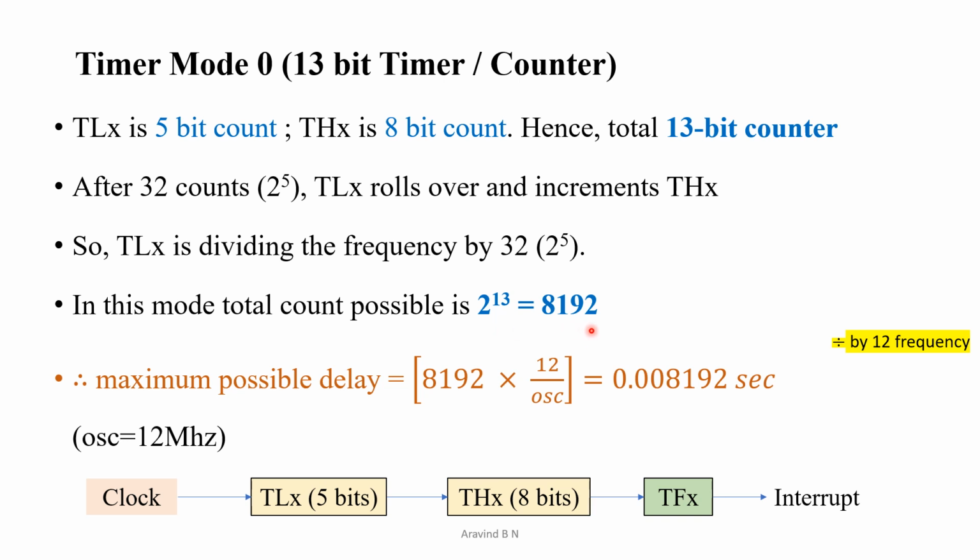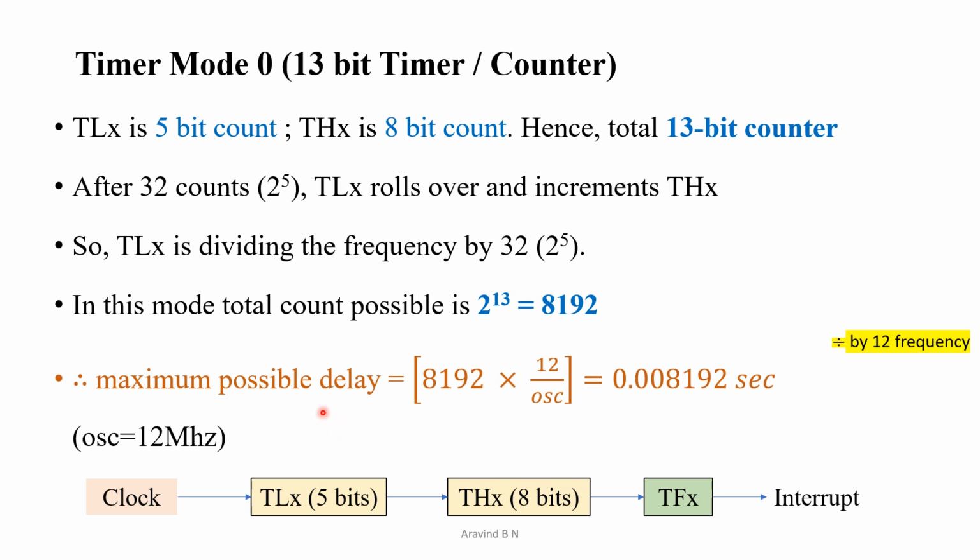If we assume that we are going to use an oscillator of 12 megahertz, then the possible delay that we can generate using this timer mode 0 is represented here. That means the maximum delay in one complete rollover is what we are going to calculate.